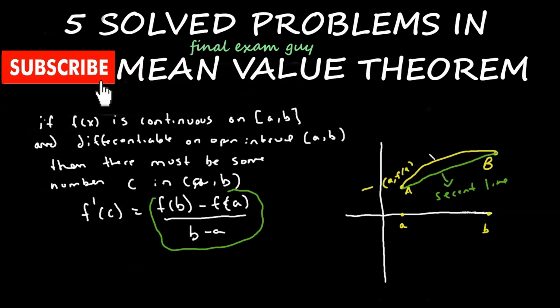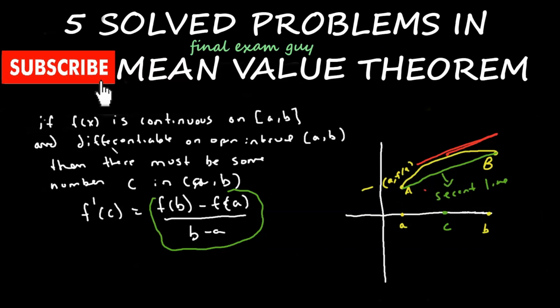That slope must equal the slope of the tangent line at c. So if there's a point c, c comma f of c, there must be some tangent line here that has the same slope as the secant line. In other words, they're parallel.